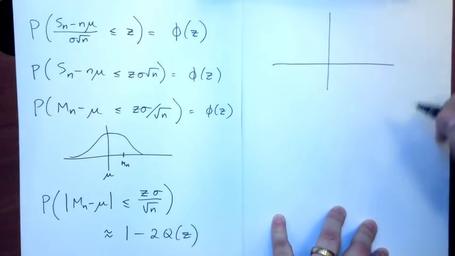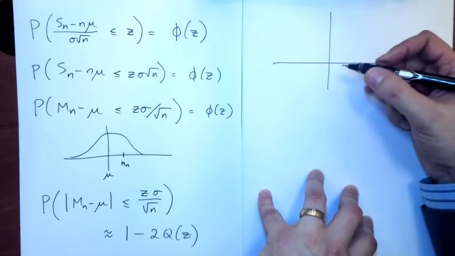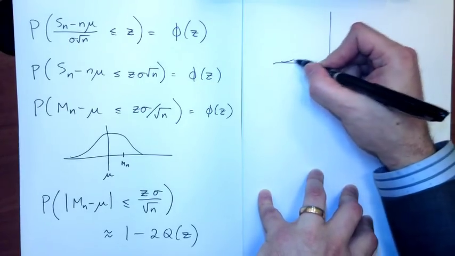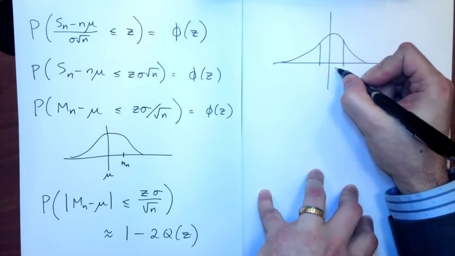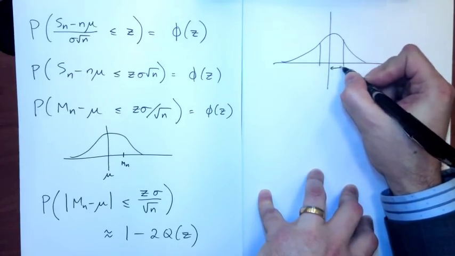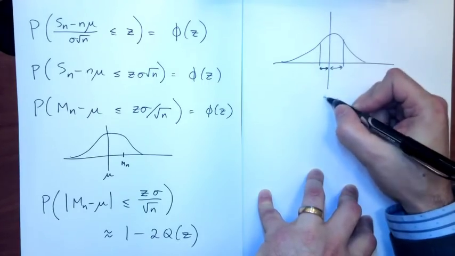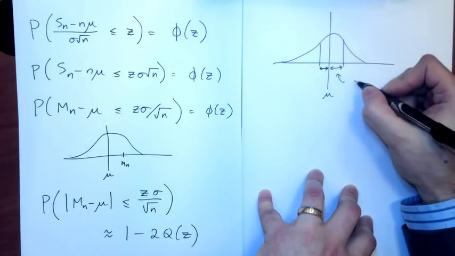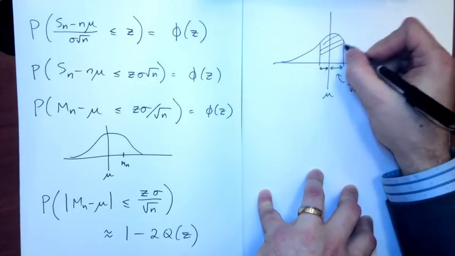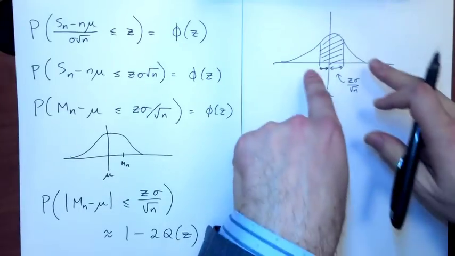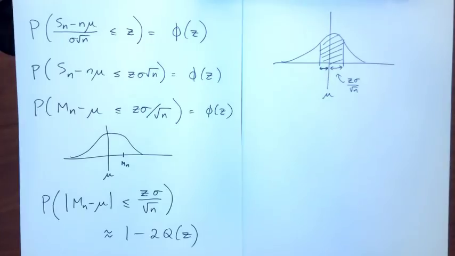That's like saying, I give you mn, and I want to know the probability that that number is within plus or minus this of the mean. And this number here is z sigma over square root of n. And I get that by taking 1 minus 2 times this tail.